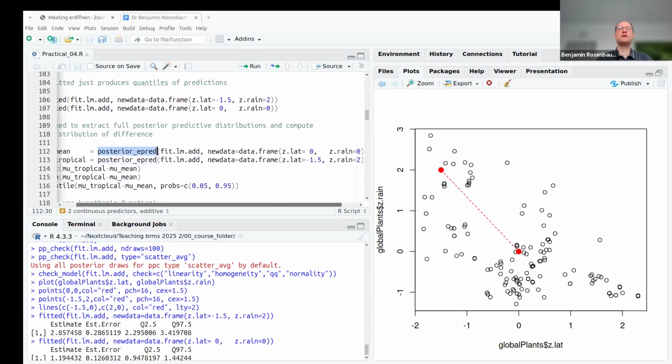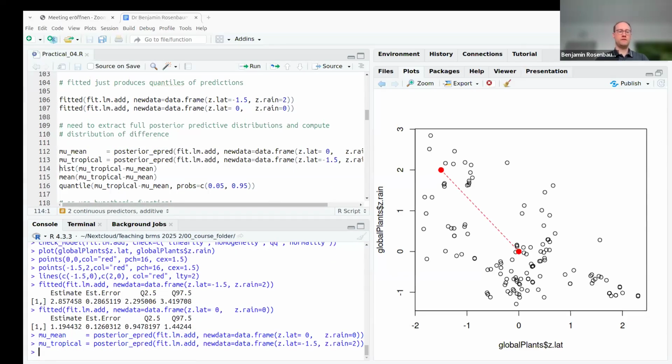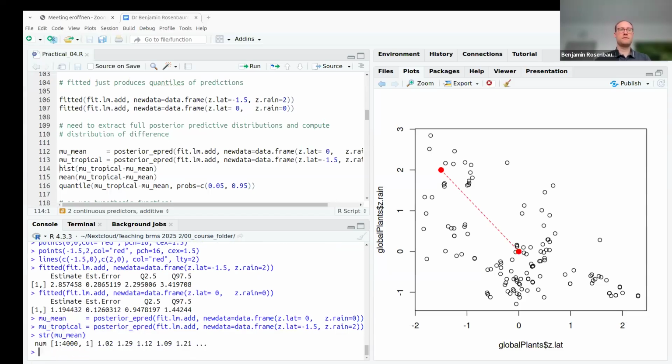It has the same arguments, and I will get a long vector here for all of the samples of the posterior, 4,000 predictions, which I then can pairwise compare against the predictions in a tropical scenario.